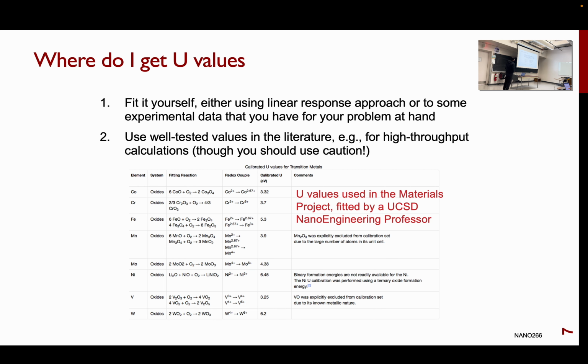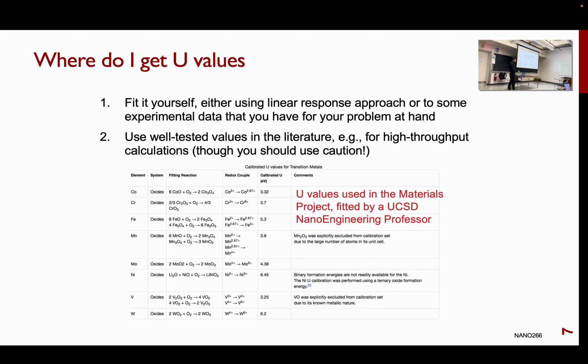So there are a few methods in which you can get U values, okay? One is you can either fit it yourself. There is something called the linear response approach, where you can essentially do a self-consistent determination of what a good U value for a particular system is supposed to be, okay?